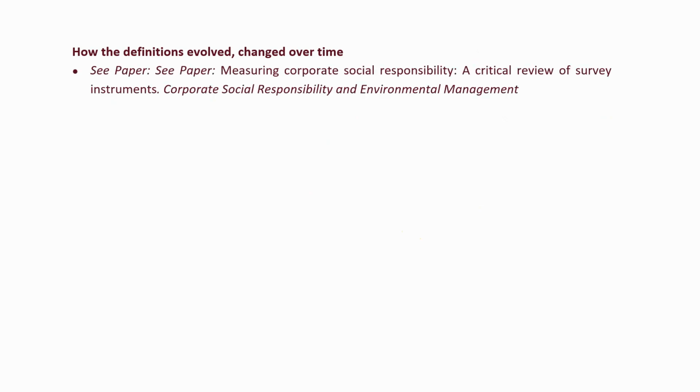How the definitions have evolved or changed over time. We have already looked into this, that in this paper we started by focusing on the earlier definitions and how the definitions have changed over time, with Carroll, with Votaw and others, and Bowen. So how did new definitions come in?